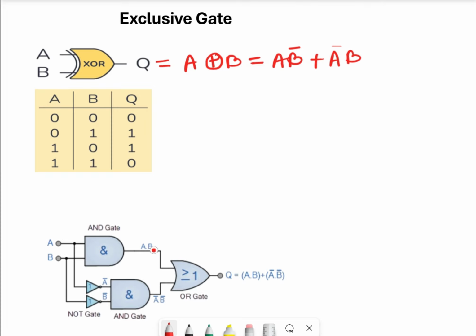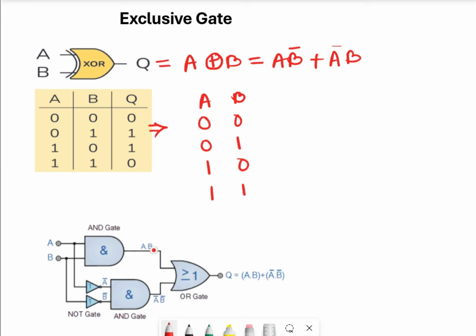Indeed, there is a truth table. So let's explain this truth table. As there are two inputs, we could write down A as an input and B as another input. So 0 0, 0 1, 1 0, and 1 1.